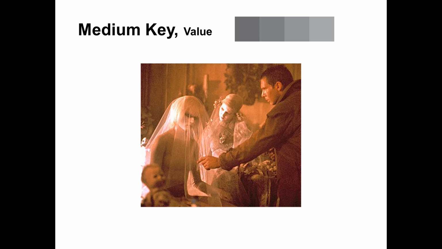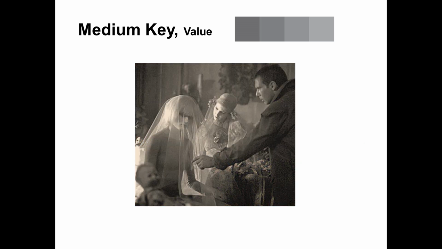So you can see that they're using this medium key, and it helps kind of to set up the mystery of what's going on here. And here we go when we see it in grayscale.